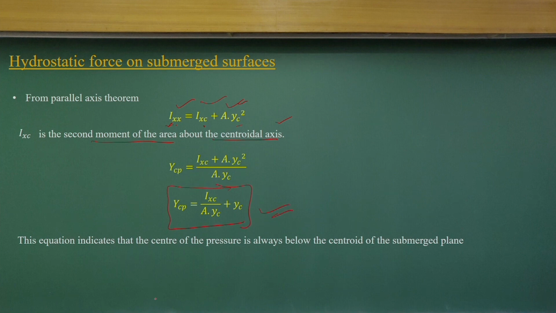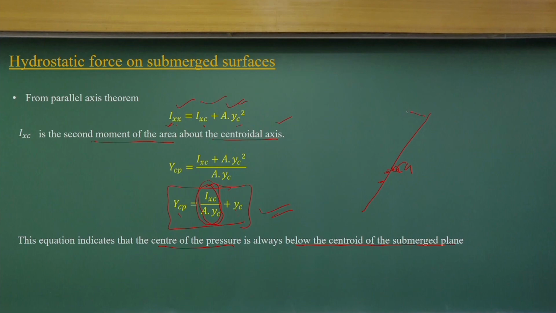Now, if you look at these equations, for any distribution you will have this additional component, and this is the centroid location yc. Well, this is the YCP. That means the center of pressure is always below the centroid of a submerged plane. So, if you have a CG at this point, your CP is always below that because of this component, mathematically.